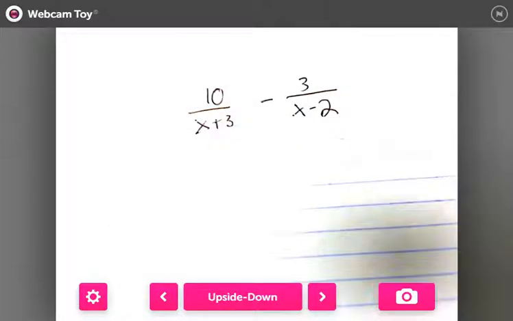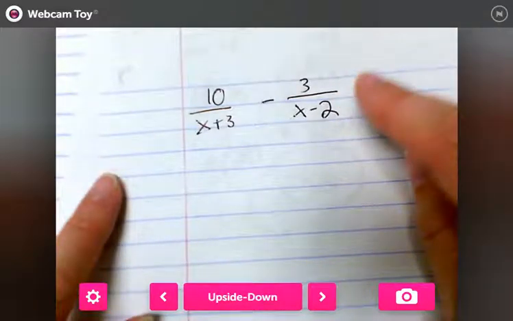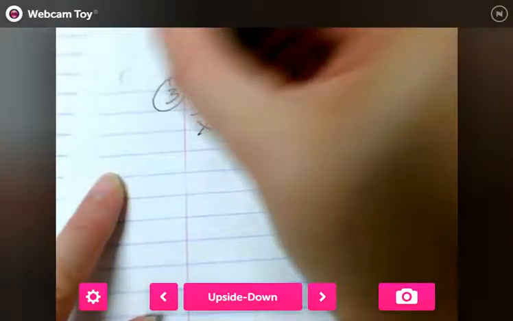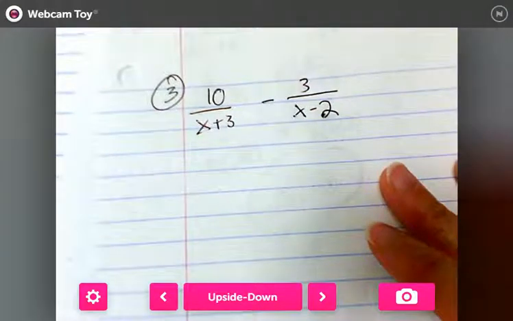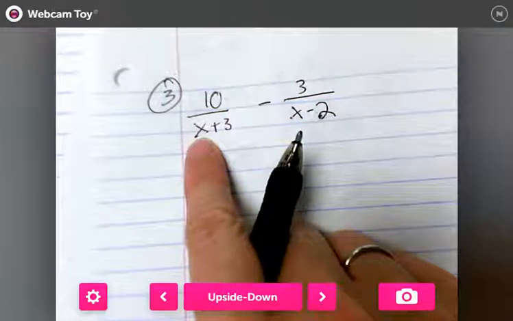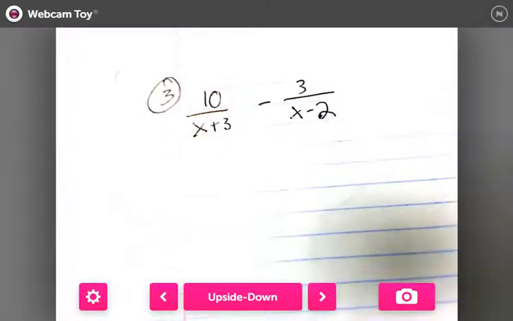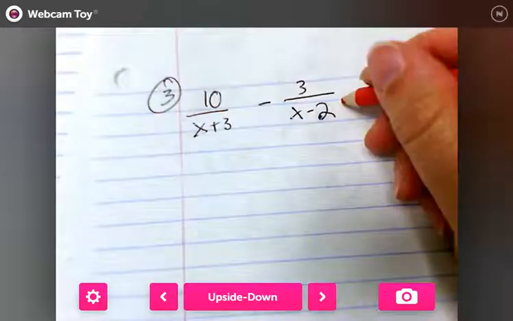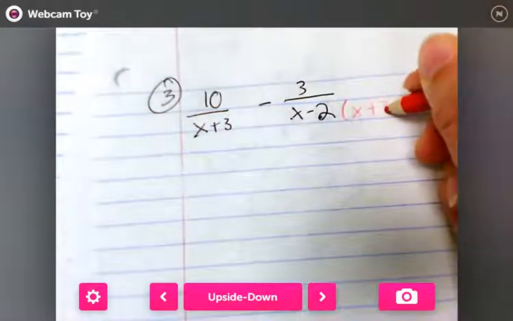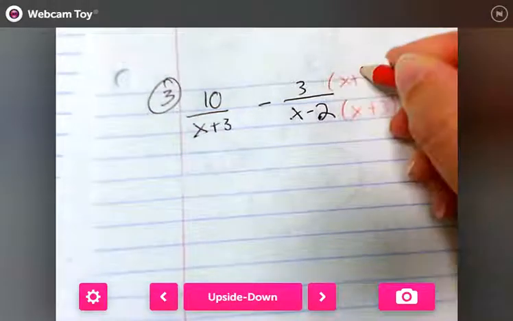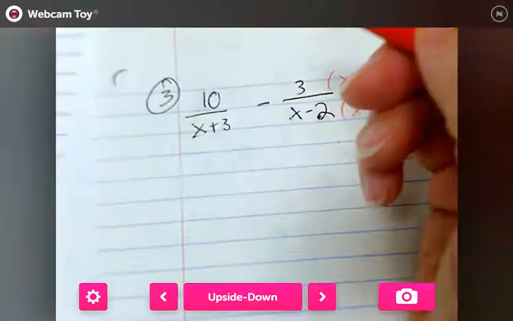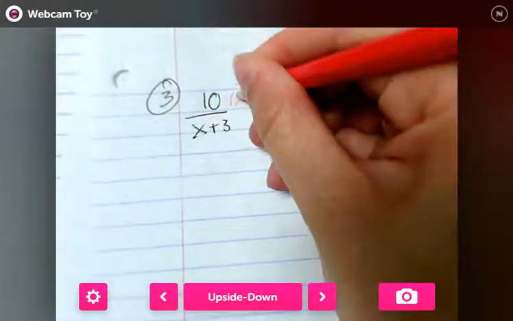Okay. So I'm looking at these problems. This problem right here has an x plus 3 on the bottom, and this has an x minus 2. They don't have anything in common, so I'm going to have to multiply both of them. This one I'm going to have to multiply the top and bottom by x plus 3, and this one I'm going to have to multiply the top and bottom by x minus 2.